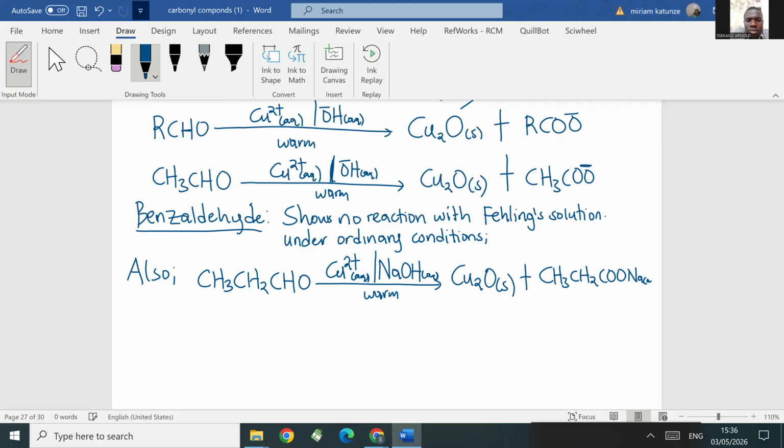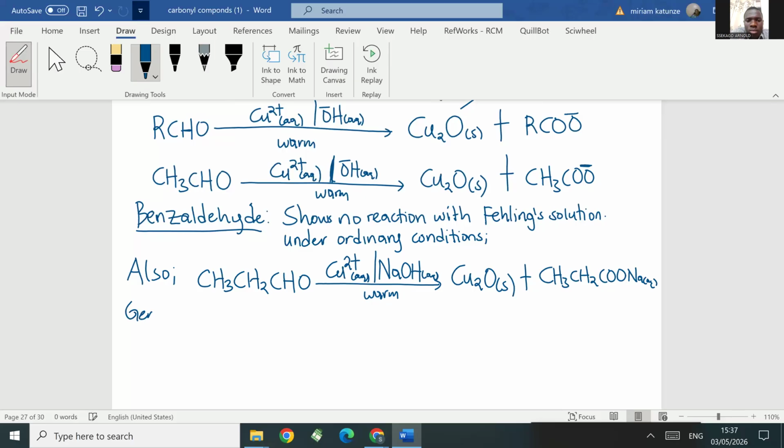So I include the sodium if I have used sodium hydroxide, but if I use hydroxide ions, I do not quote the sodium. For that case, I write an ionic equation. So that will be formed as propanoate ions.